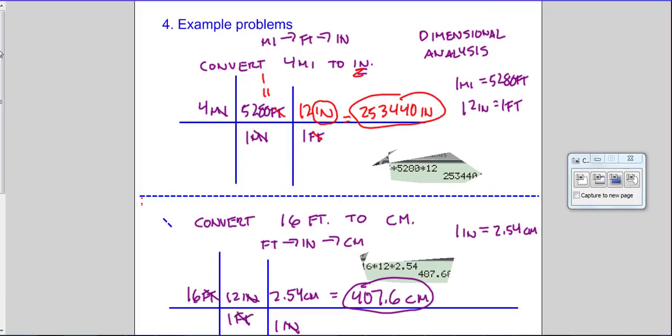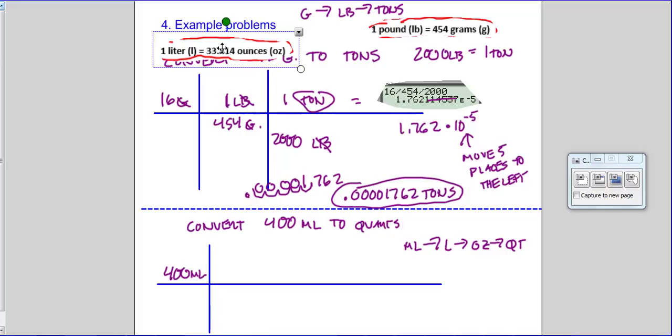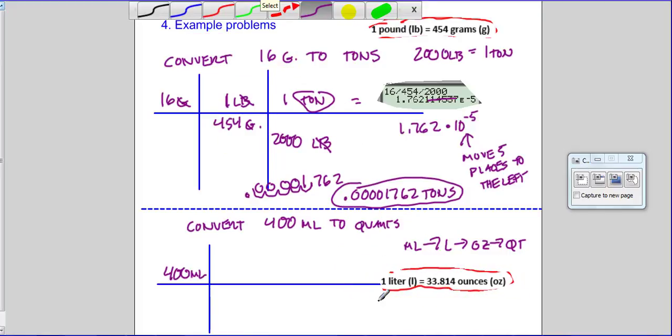So let's borrow what we just used a moment ago, right here. So I know that I have 1 liter is 33.814 ounces, and we also know that 32 ounces is 1 quart.